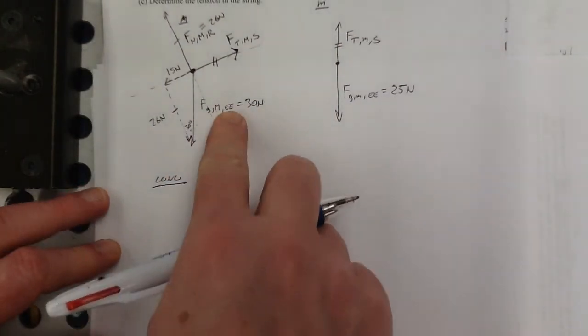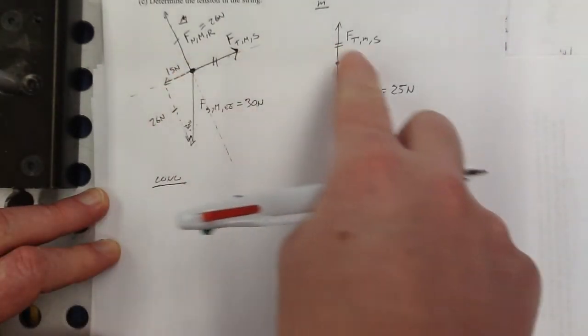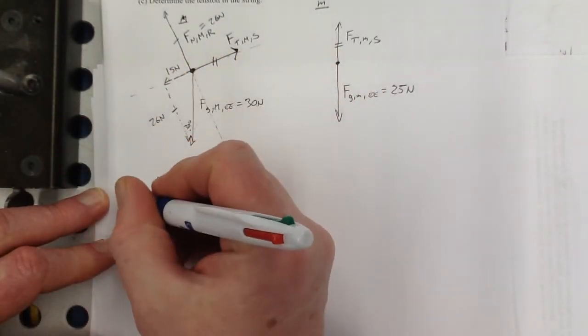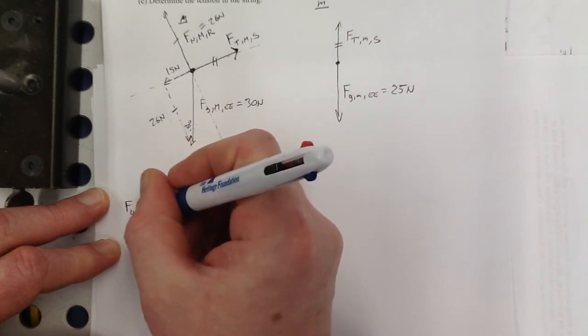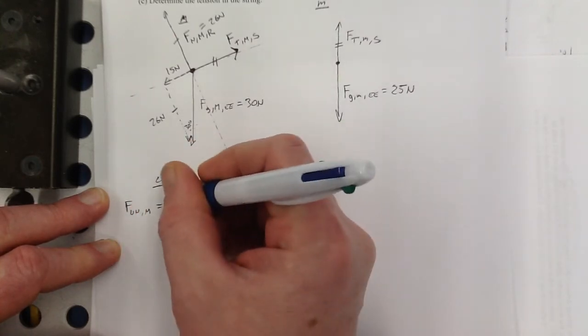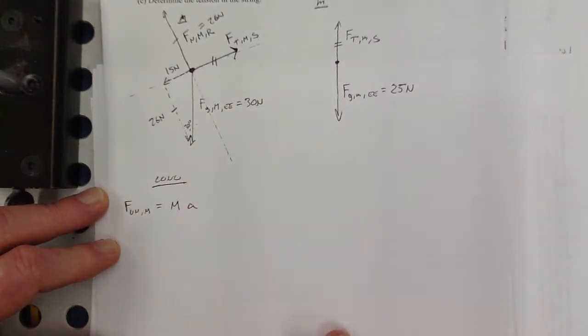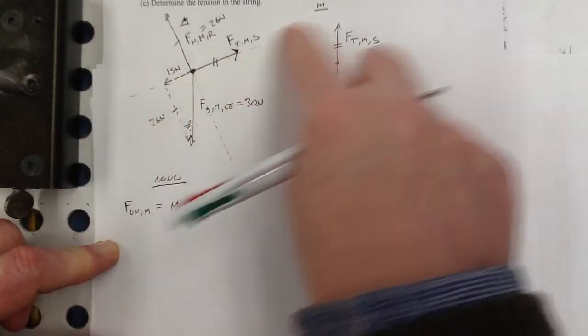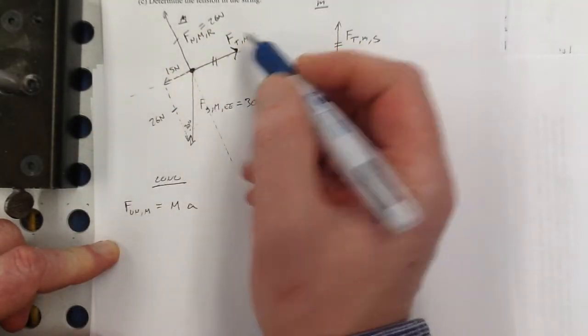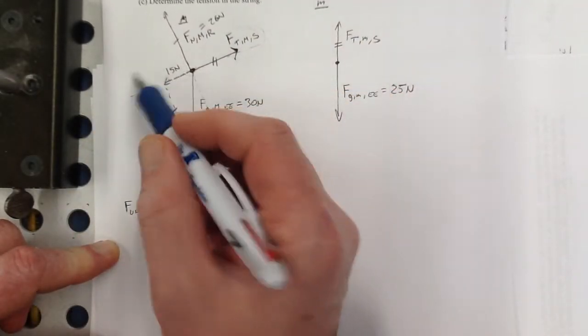The long way means write a Newton's second law unbalanced force equation for each block. So the unbalanced force on the big block, m, is equal to the big block m times acceleration. This is the direction of motion here, so I do have a winner and a loser.